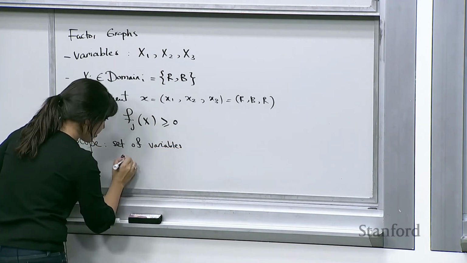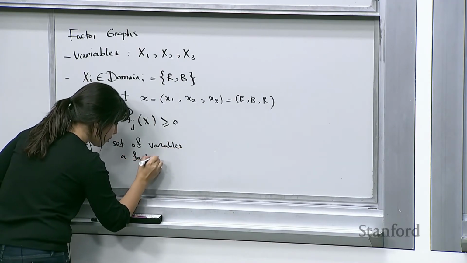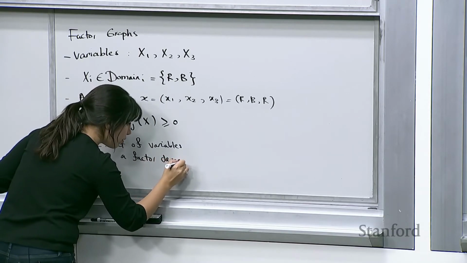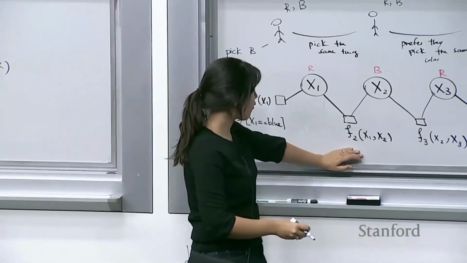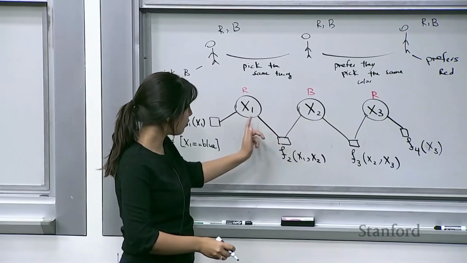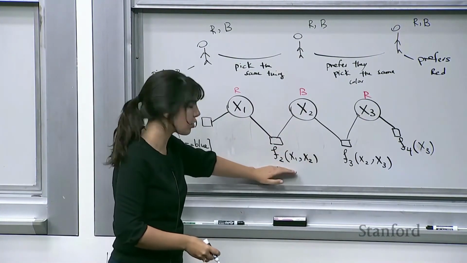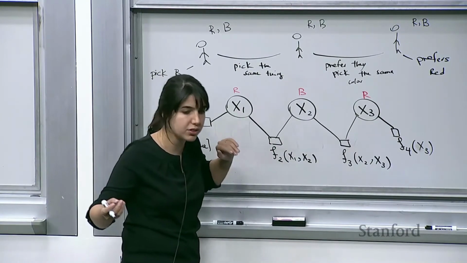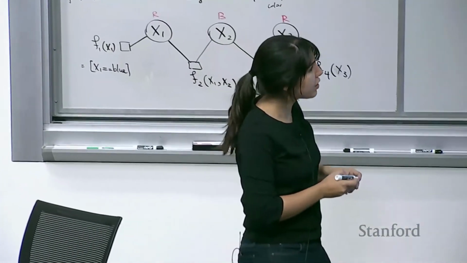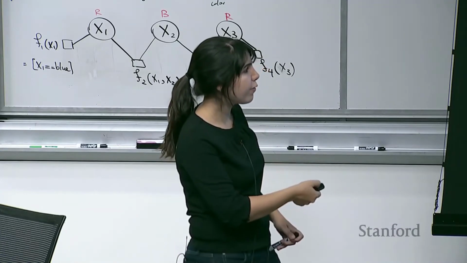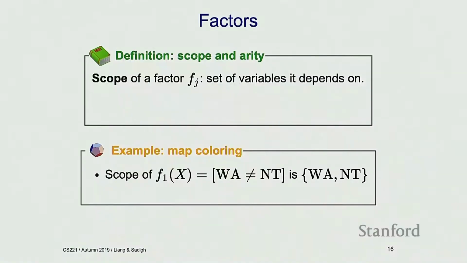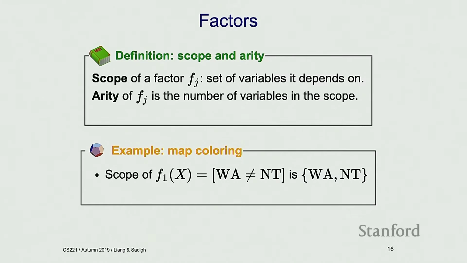For example, if I have f2, it depends on two variables, x1 and x2. So the scope of f2 is just x1 and x2. In the other case, when we looked at the map coloring example, if we look at f1 as a factor that tells us WA and NT should not have the same color, the two variables that are used are WA and NT. Okay, so that's the scope.